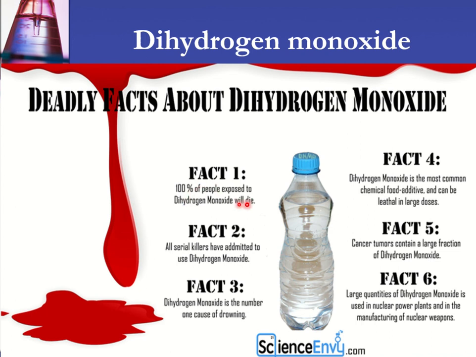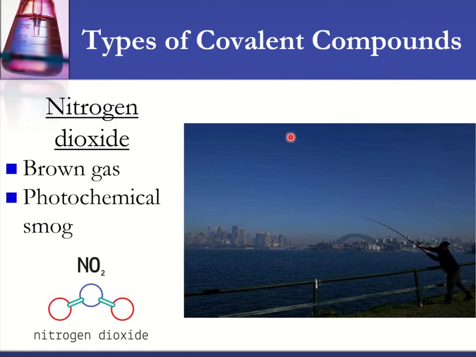So fact one, 100% of people exposed to dihydrogen monoxide will die. If you are exposed to water, obviously. Fact number 5, cancer tumors contain a large fraction of dihydrogen monoxide. That's also true as well. So we're going to look at how we name covalent compounds, and also how we form covalent compounds.